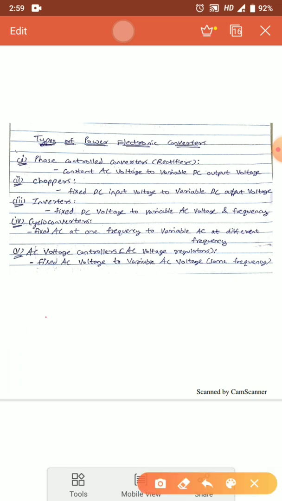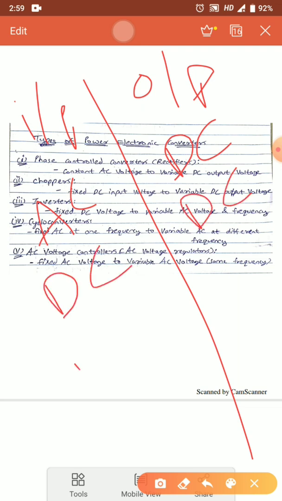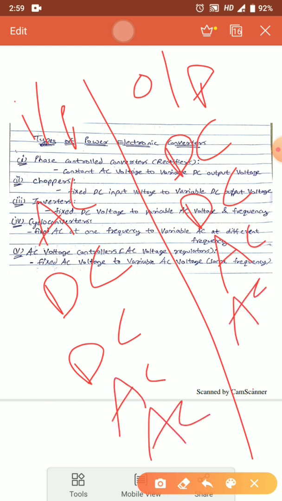Now one important thing to be noted is the inputs of each, so let us classify the inputs of each and what the output is. Looking here, in a converter I have the input as AC and the output as DC. Then for a chopper, input is DC, output is DC. For inverter, input is DC, output is AC. Then AC to AC, same AC to AC.